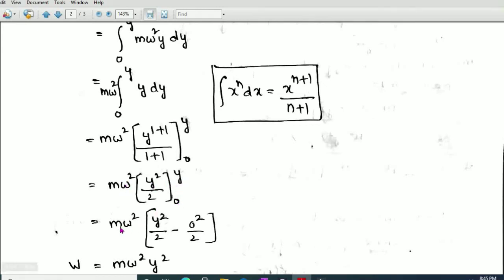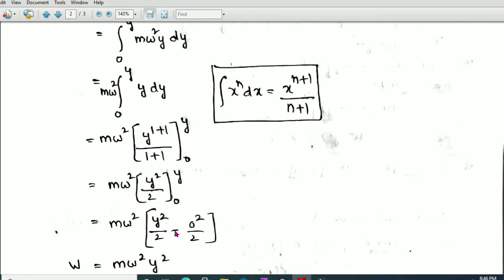Now m omega square as it is, since this is constant. If you apply the upper limit in place of y, the variable, you get y square by 2. While applying the lower limit, we have to take minus.